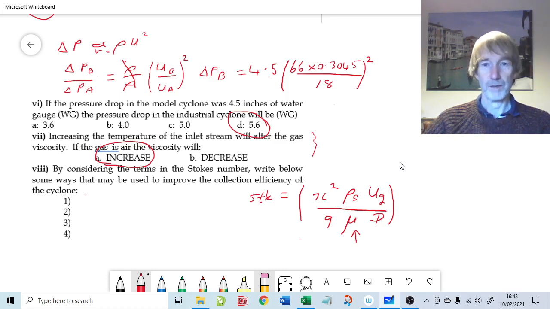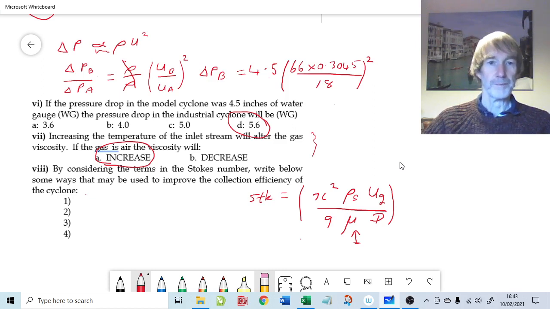It doesn't. It goes the other way. You're actually going to have to chill the gas going into the cyclone if you want to improve the collection efficiency, and that actually takes quite a lot of energy, funnily enough, more energy in decreasing the temperature than there is in increasing it. Okay, so it's not a good idea to increase the temperature. You actually want a lower temperature.